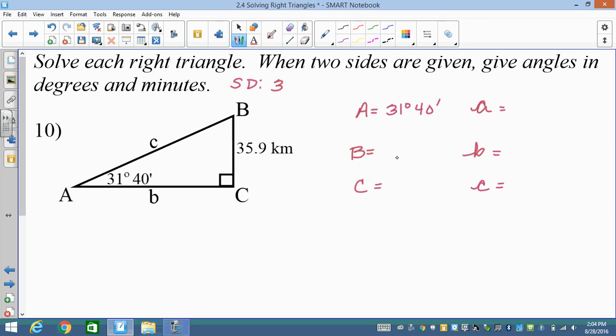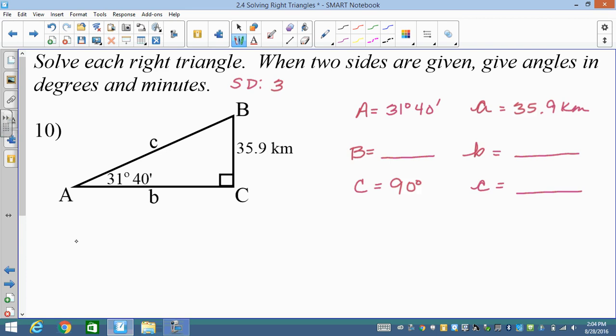Angle B they did not give me, so I need to answer that one. And angle C is 90. Little a is 35.9 kilometers. Side b they did not give me, so I have to come up with it. And side c they did not give me, so I must come up with it also.